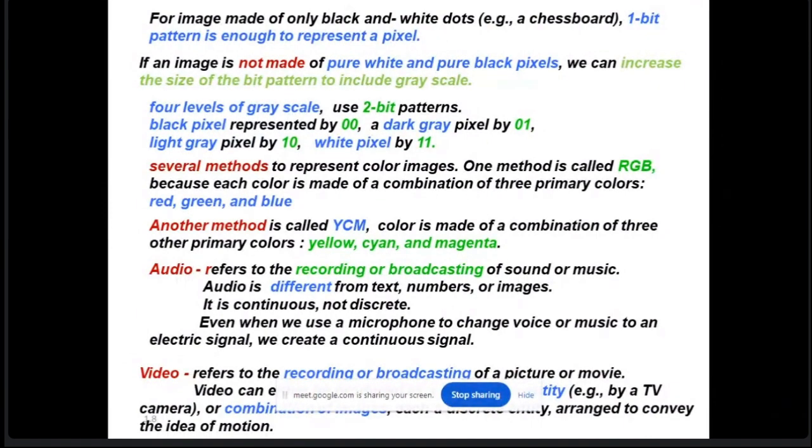Similarly, video refers to the recording or broadcasting of a picture or movie, like a TV camera. It conveys the idea of motion through images as discrete entities, and the video can be a digital or an analog signal.